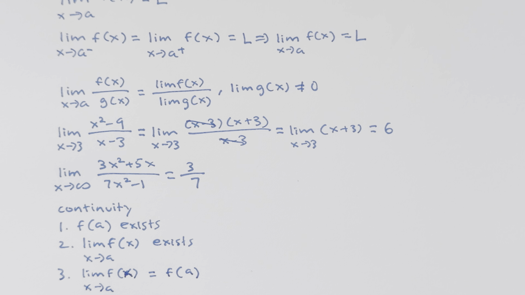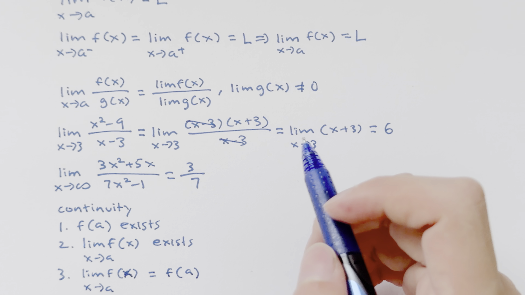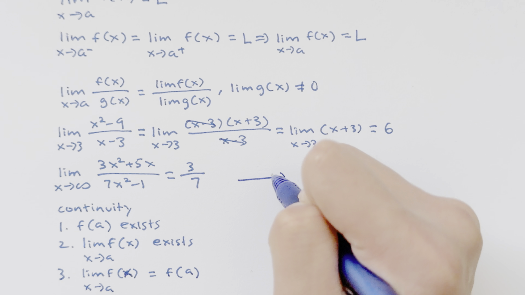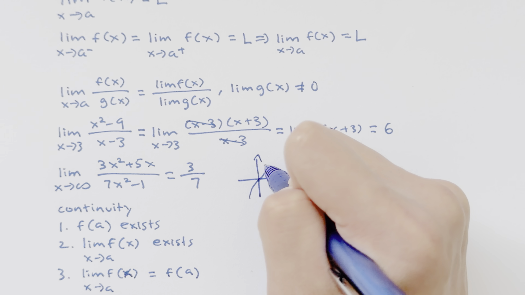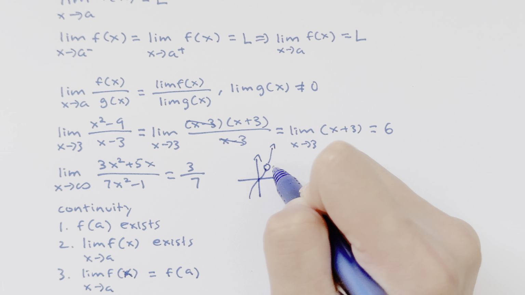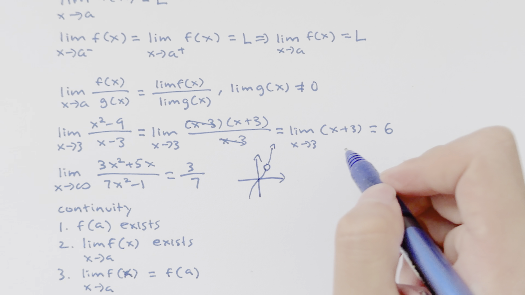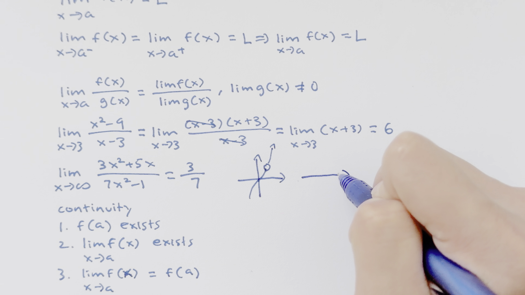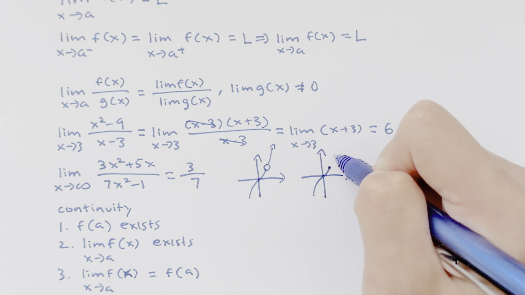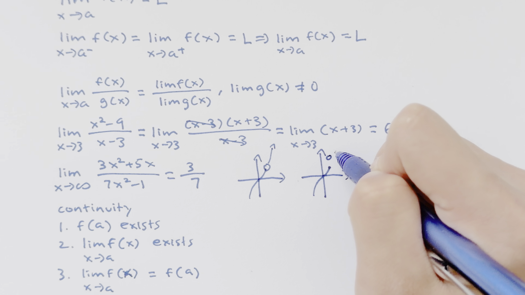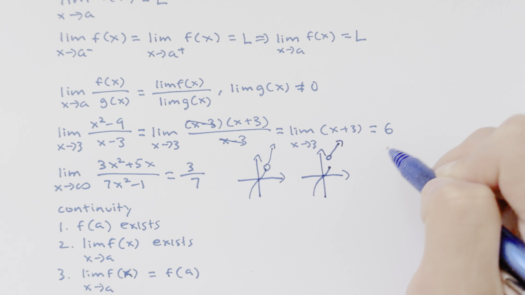The three types of discontinuity are, first, removable, which looks like there's a hole in the graph. For example, here there's a hole, so it's not continuous here. Or you could have a jump discontinuity, where there's a gap in the middle and it goes here.